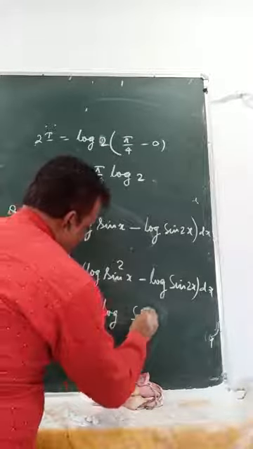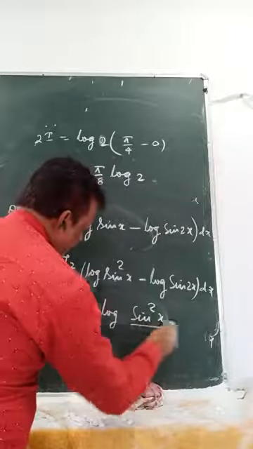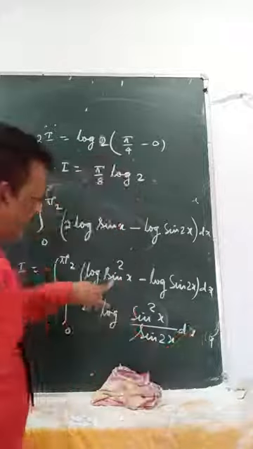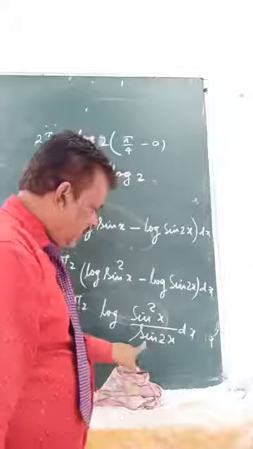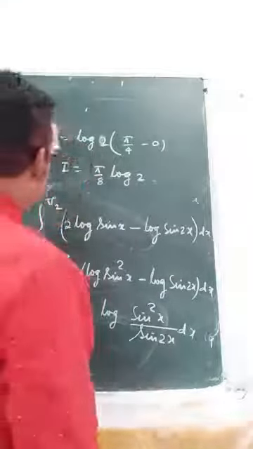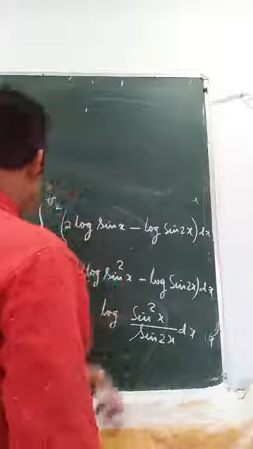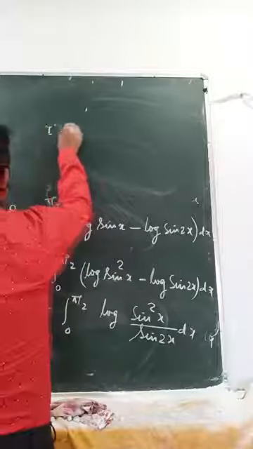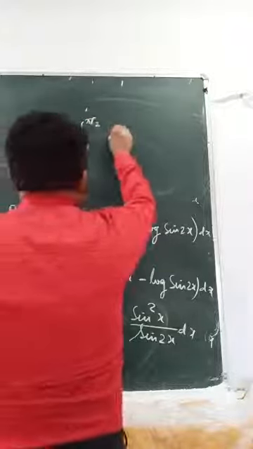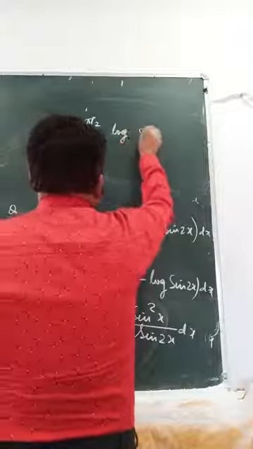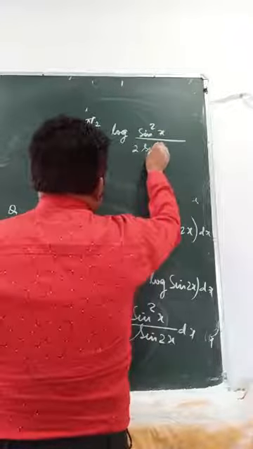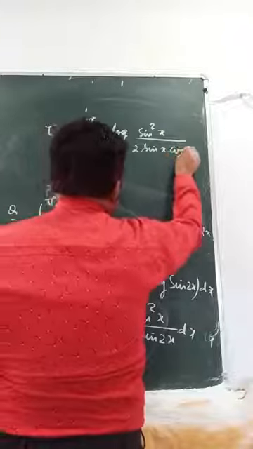So log a minus log b is log a by b, that is integral 0 to pi by 2 of log sin square x by sin 2x. What is sin 2x? 2 sin x cos x. So I equals integral 0 to pi by 2 of log sin square x by 2 sin x cos x.